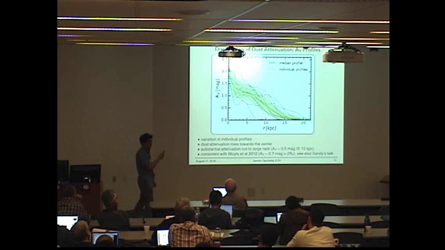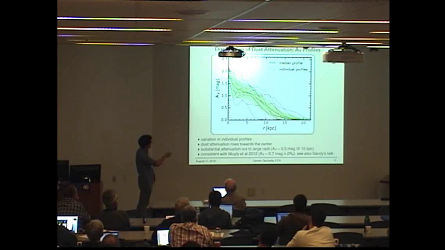The first thing to notice is that there's a large variety of profiles. We have galaxies which are peaking very strongly in the center. So we have really dust-obscured centers, for example, for this galaxy here. But we have also other galaxies that are more or less flat or even a bit decreasing towards the center.